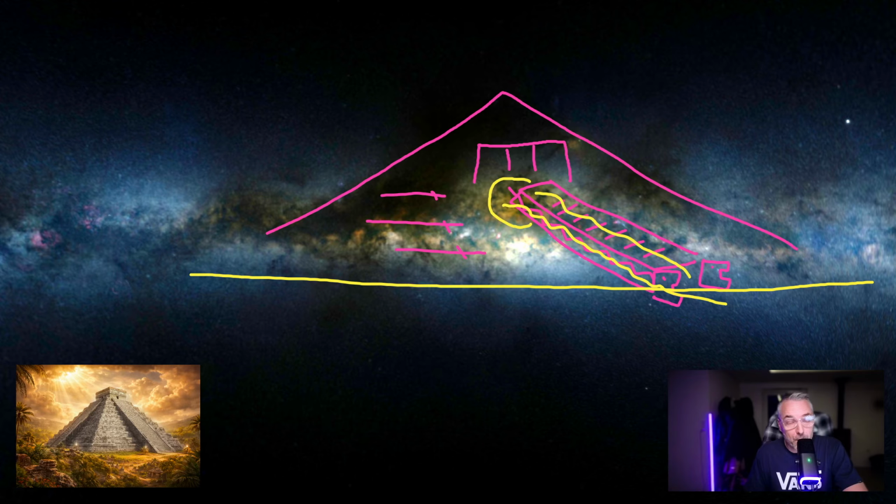And there's more, because the pyramid also contains a total of 364 steps on the 4 staircases all the way around. Plus the top plateau, it makes 365 days of the cycle of the pyramid in the sky. Every year it all starts over.